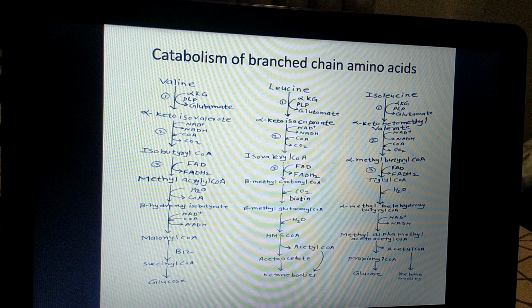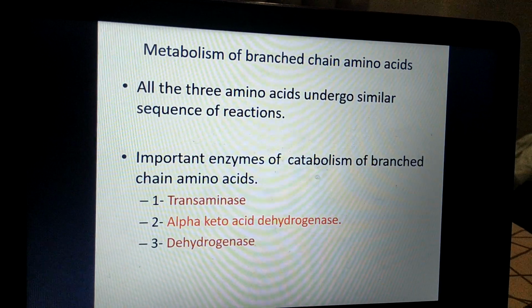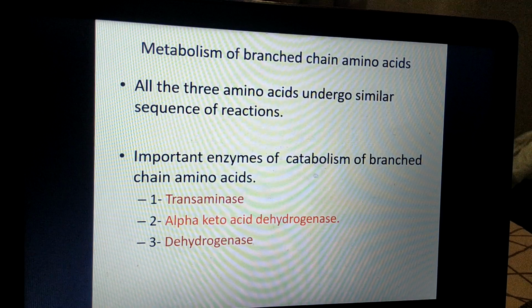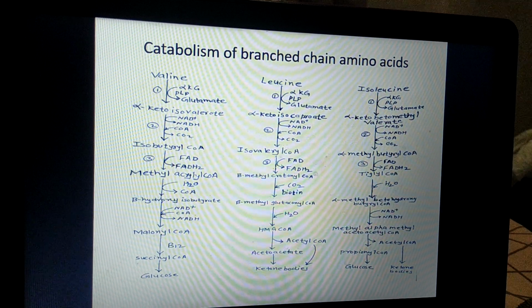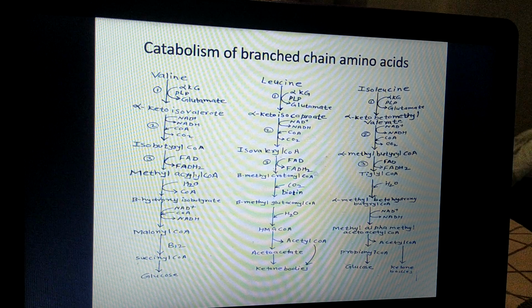The enzyme for all these 3 steps is the same, and this enzyme is the second enzyme, alpha keto acid dehydrogenase. The third step is also the same, where in case of valine catabolism, isobutyryl CoA is converted into methyl acrylyl CoA. Here again one more oxidation takes place by removal of hydrogen atoms, but here the hydrogen acceptor is FAD. In the previous step, the hydrogen acceptor is NAD.